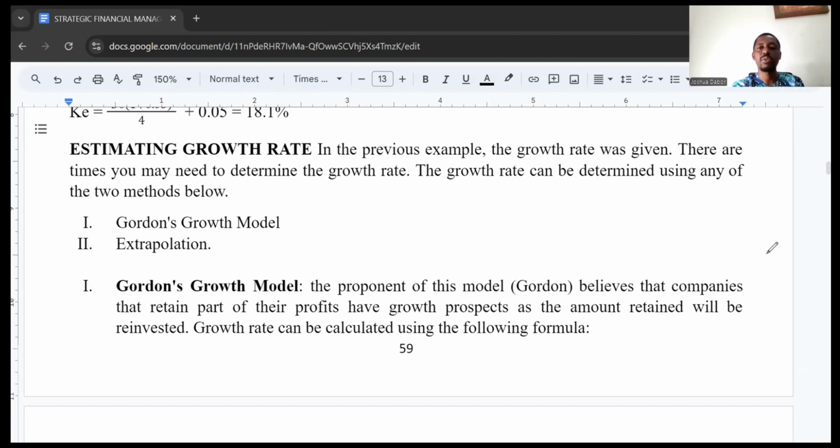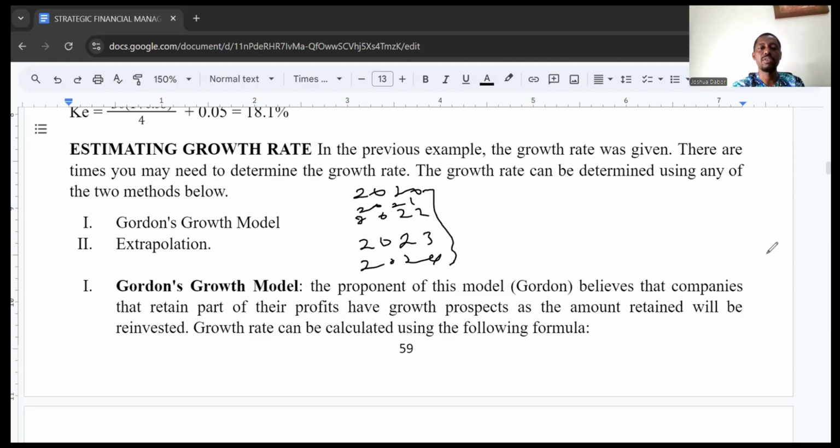The examiner may not give you a question that will require retention. However, your examiner may decide to give you historical dividend, say 2020, 2021, 2022, 2023, and 2024.